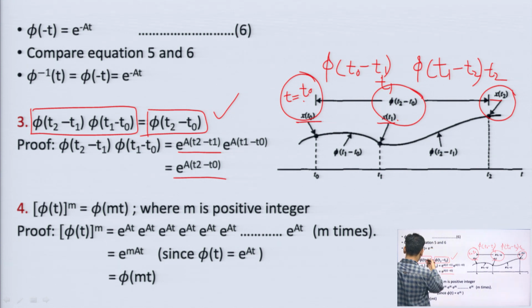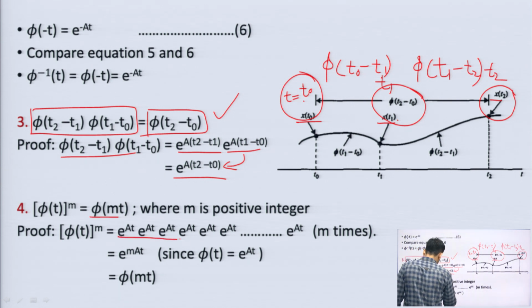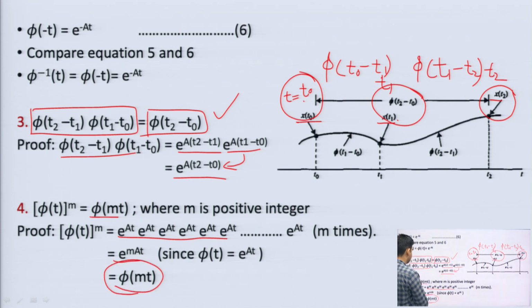Here you can convert this into exponential form, and after solving you will get this expression. Now, the fourth property: phi(t) to the power m equal to phi(mt). If you multiply m number of e^(At), this gives you e^(mAt). If you solve it, phi(mt) comes automatically. So, this is the fourth property of the state transition matrix.